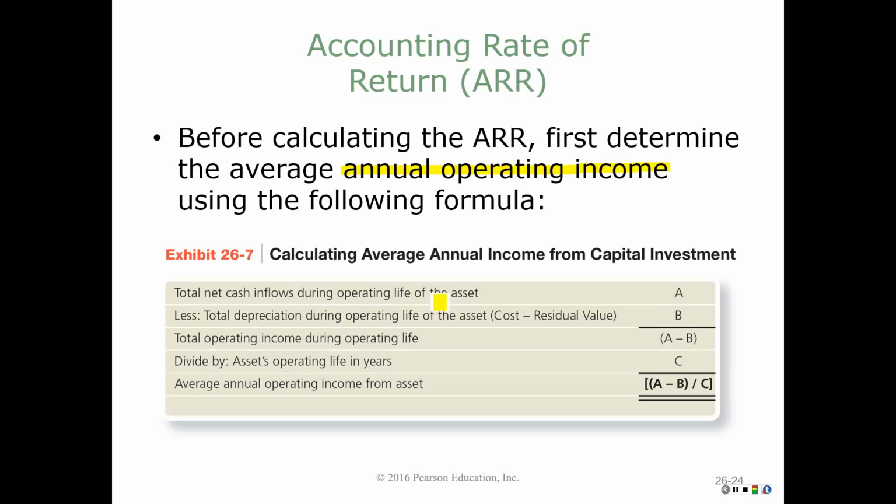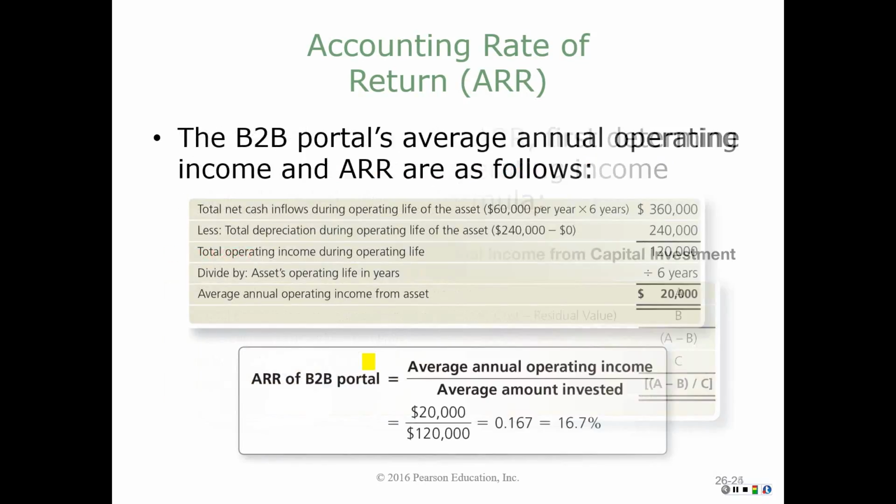And that's why we have cost less residual value for depreciation here. That will calculate for us the total operating income that we expect to recover from this machine over its useful life. And then we will divide that amount by the asset's useful life. How many years do we think it's going to operate, or will we use it in operations, to calculate our average annual income from that asset?